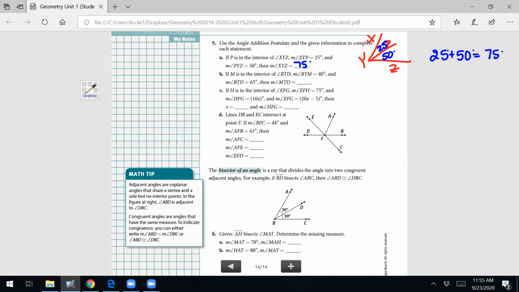Okay, then we have B over here. B tells us that M is the interior and our angle is RTD. So we know RTM is 40.